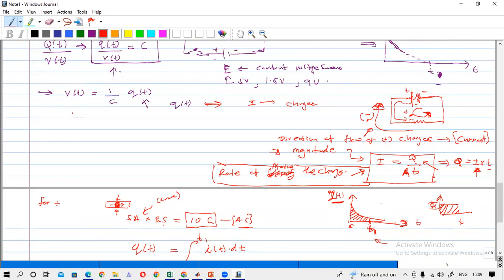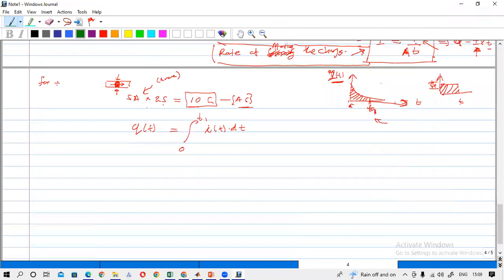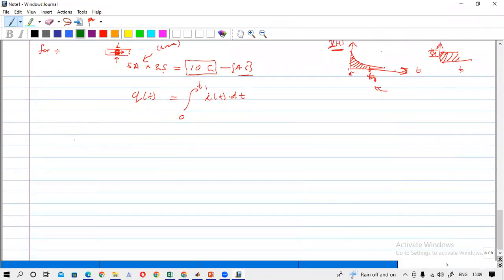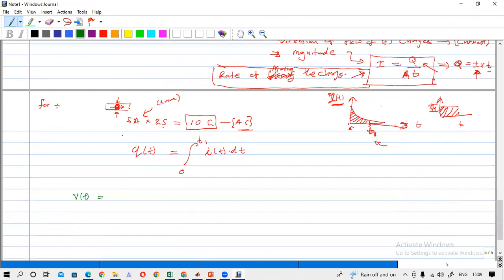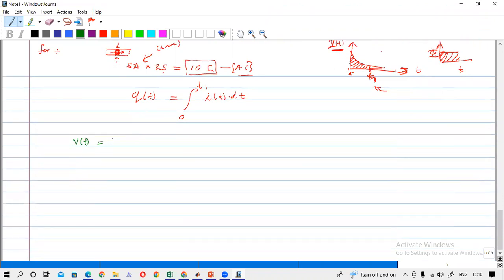Again you can come to this one. V(t) is equal to 1 by C Q(t). And instead of this Q you can put this value.